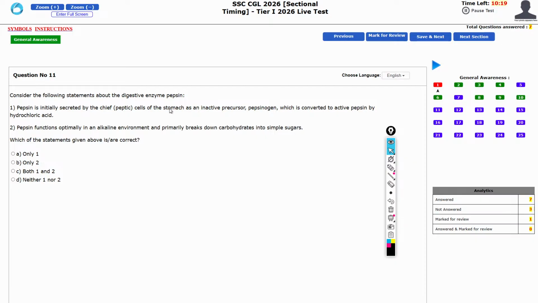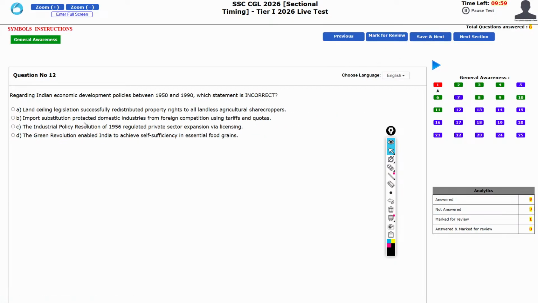This is acidic. Alkaline environment primarily breaks down pepsin hydro? No, no, no. So definitely pepsin is for protein, something related. So one is true, one is correct.